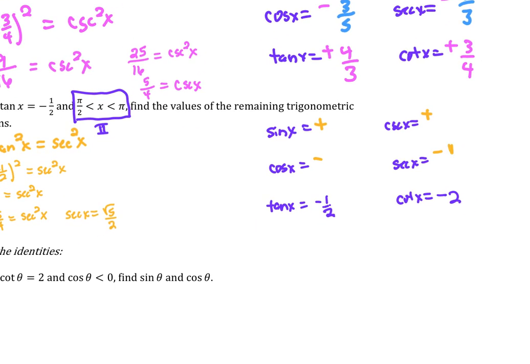So this is going to be the square root of 5 over 2. So that means cosine, we have to flip that. So we get negative 2 over root 5, which we have to rationalize that, don't we?